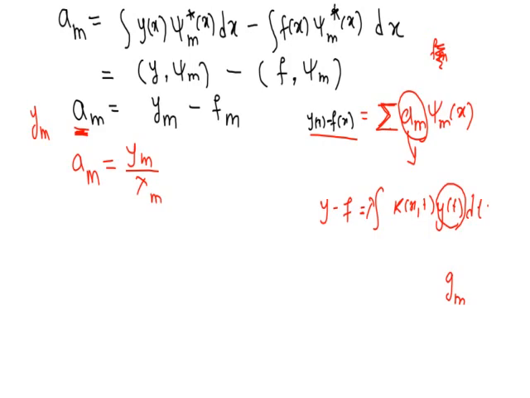Now in our case we will have this extra lambda with us, because in the Fredholm integral equation we have lambda there, so that lambda will come here for the coefficients.